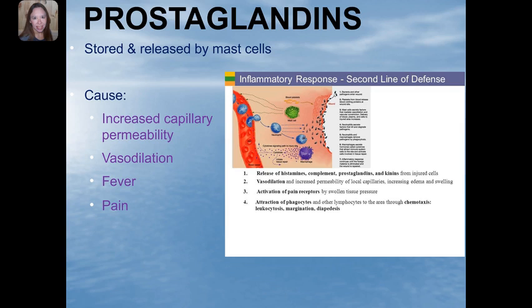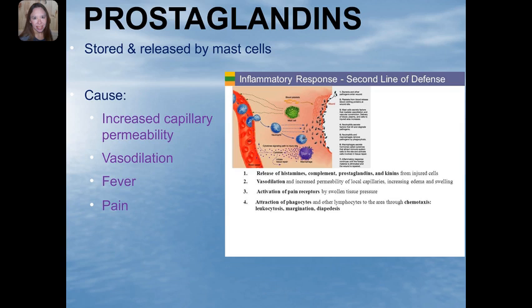So then you might be thinking, well, why in the world do we want to stop all of this when we are treating allergic rhinitis if it's the body's natural ability to try to fight this condition that the patient is experiencing?